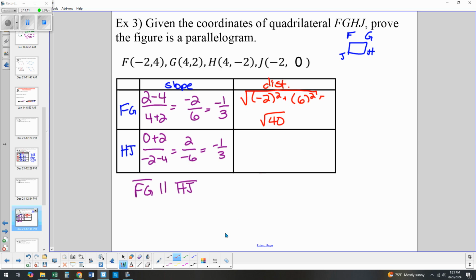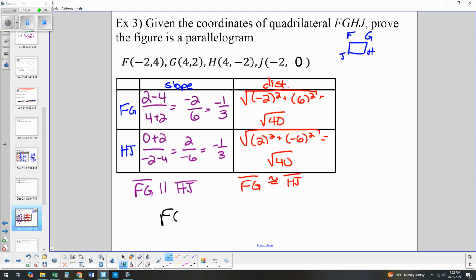That is 40. Same thing for HJ. I'm going to take the unsimplified numbers, the 2 and the negative 6. So that's 2 squared and negative 6 squared. That's 4 plus 36. That also equals the square root of 40. So we have also proved that FG is congruent to HJ.